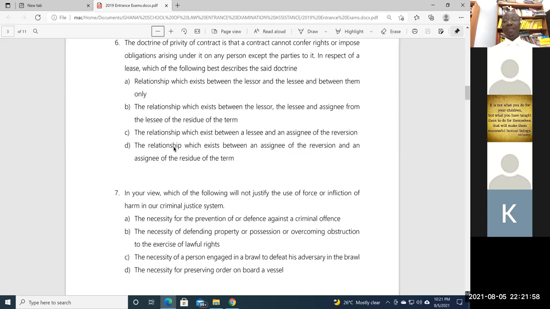And later on, in the case of Dunlop against Pneumatic Tyre, the court said that under English law, there's no concept known as jus quaesitum tertio, that a contract does not create a benefit or obligation for a third party.